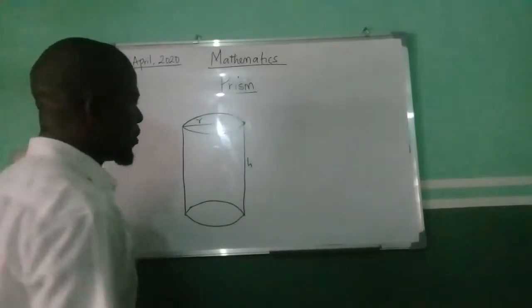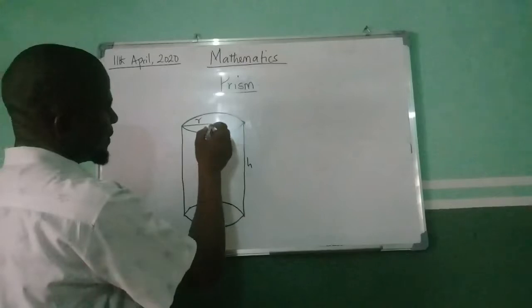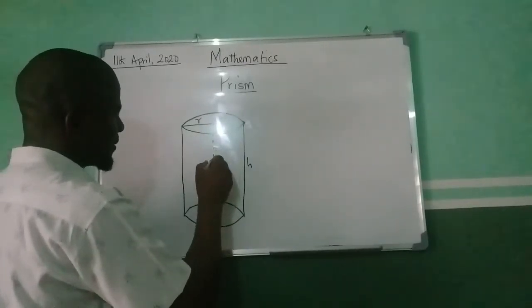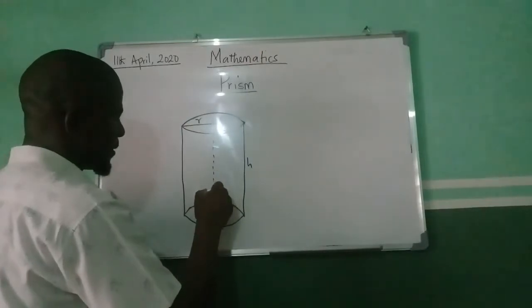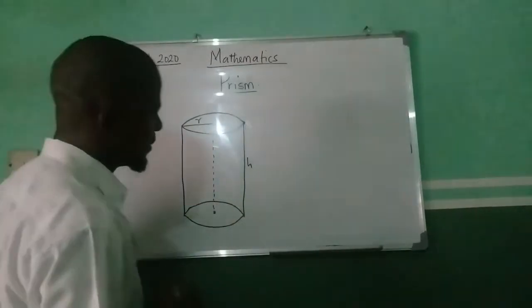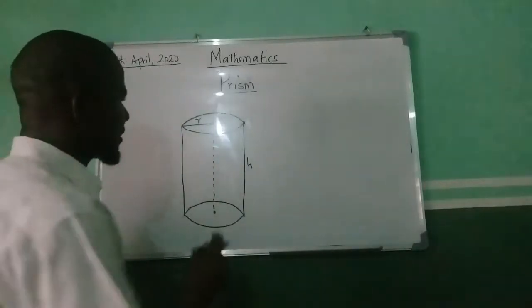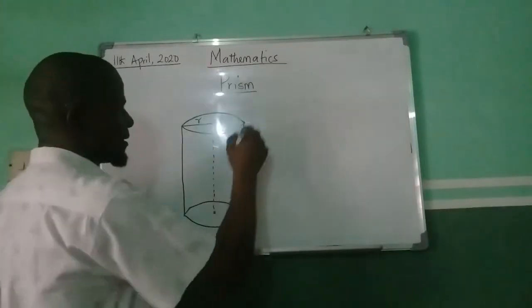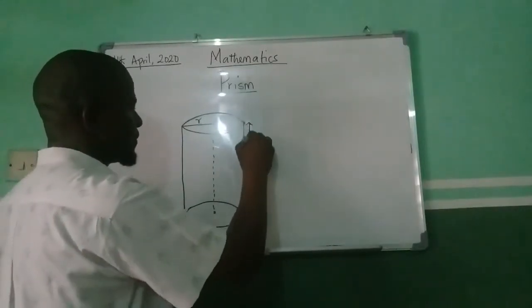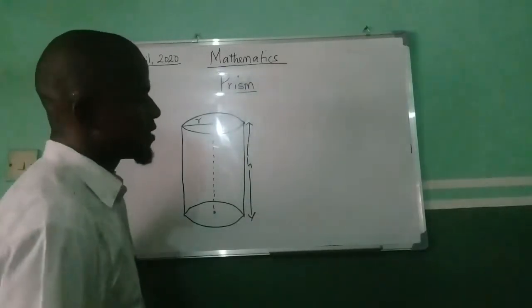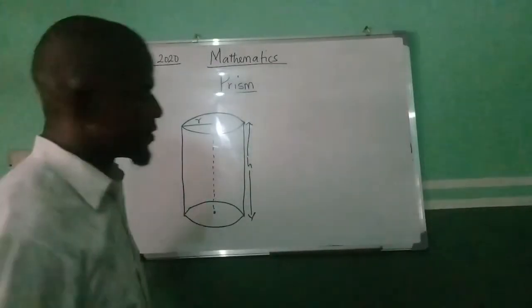Okay? You can equally say from the midpoint here down to the midpoint here is called the height. Or you can say from here to here is called the height, meaning the length from here down to this point is what is referred to as the height. I hope we are together.